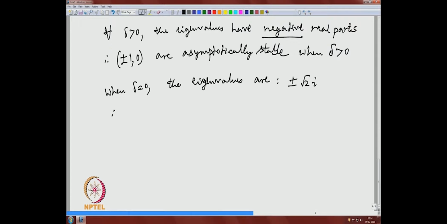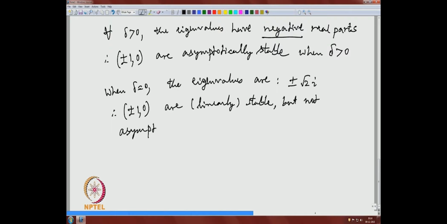Therefore, plus or minus 1, 0, both are the same, are linearly stable, but not asymptotically stable, because here the real parts are 0, they are purely imaginary.